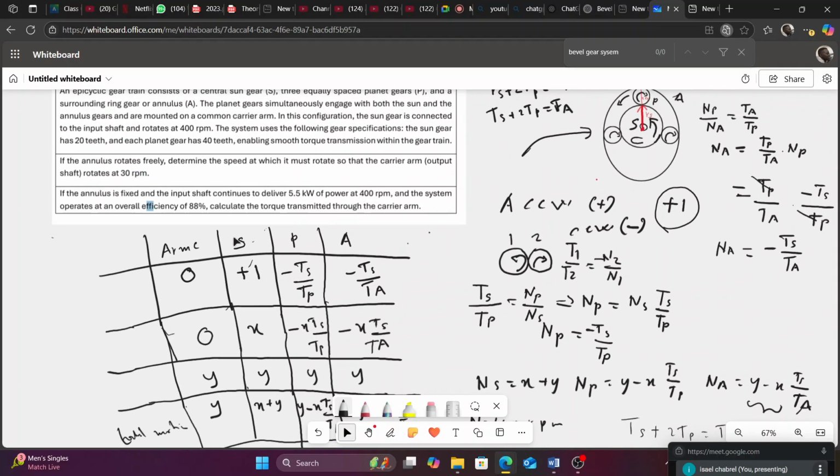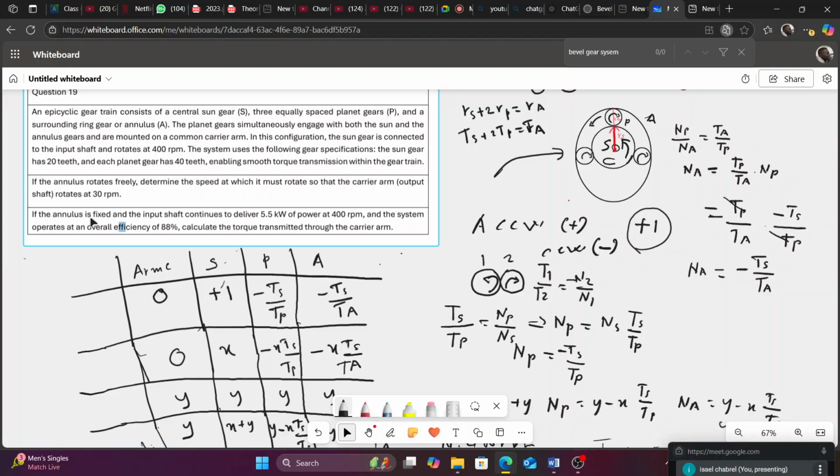In this question, let's read, guys. They said if the annulus is fixed and the input shaft continues to deliver 5.5 kilowatt power at this speed, and the system overall efficiency is this, calculate the torque required through the carrier arm.